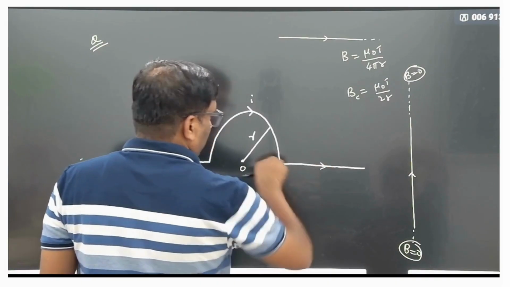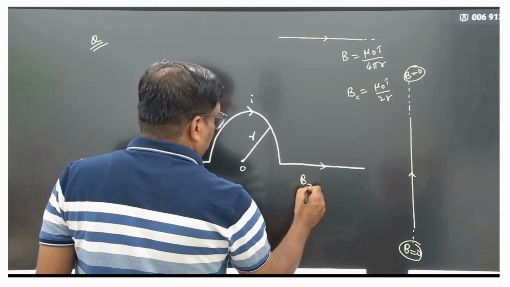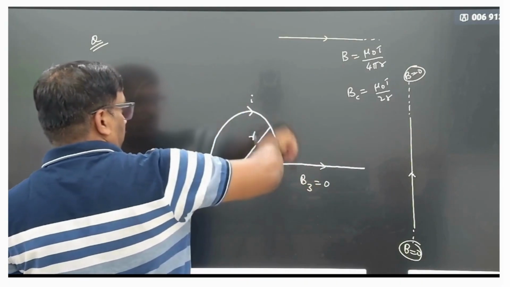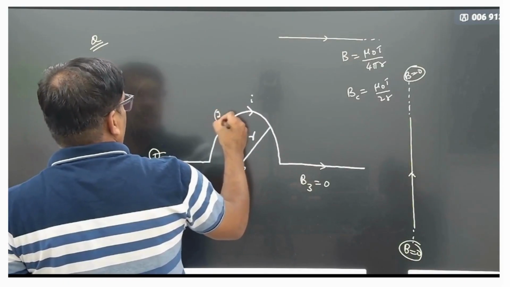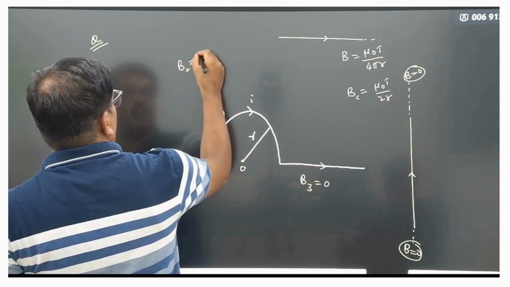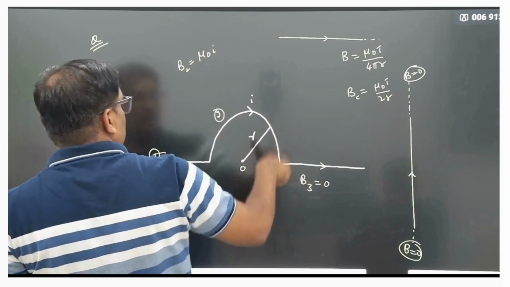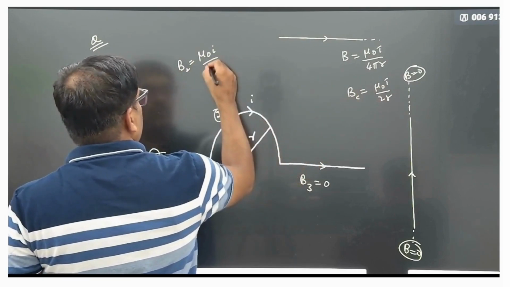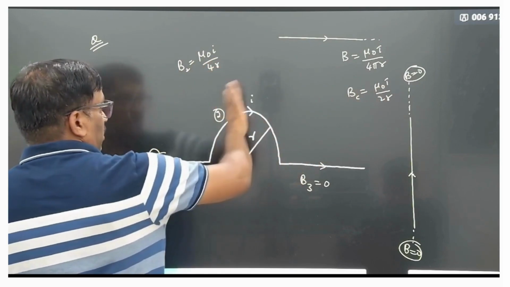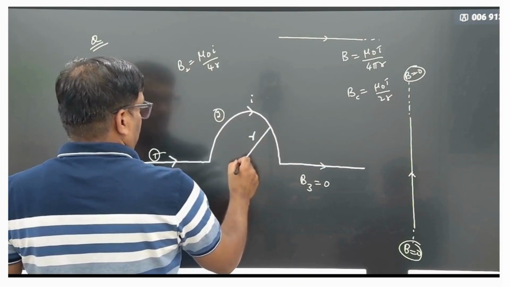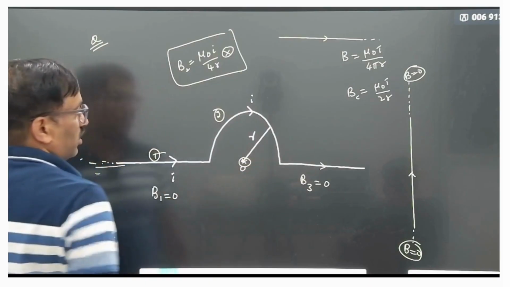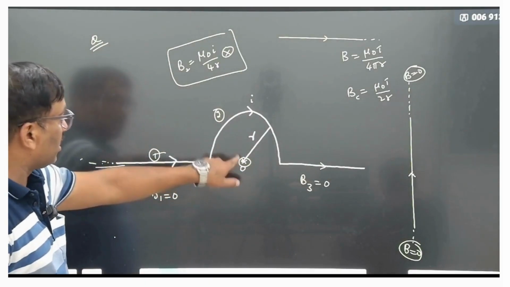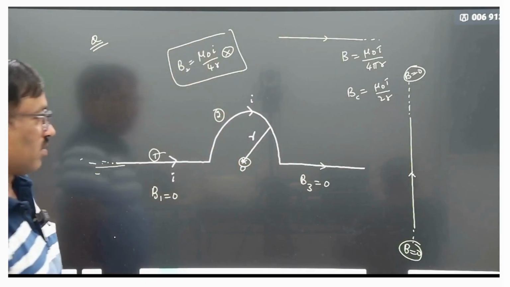The magnetic field due to the third part will also be 0. The magnetic field due to this semicircular second part is mu naught I by semicircle divided by 2, that is mu naught I by 4r. What will be the direction here now? It is inside into the board. There is no magnetic field due to the others. Magnetic field at the center will be this one. Clear?